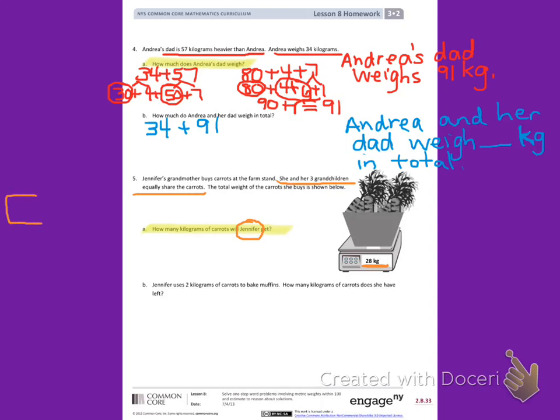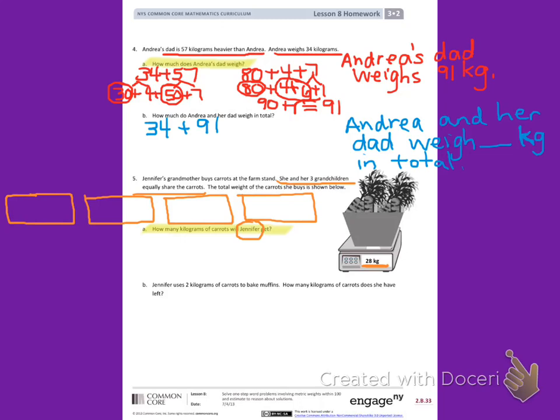Okay, here's Jennifer's grandmother. Here's 1 grandchild. Here's another grandchild. And here's the 3rd grandchild. We can't just draw 3 rectangles because that would only be the 3 grandchildren. We have to remember to include Jennifer's grandmother.